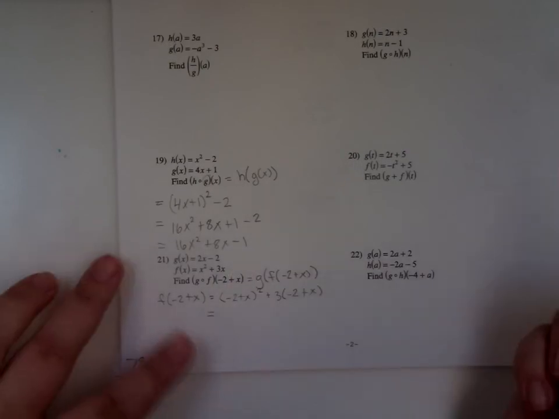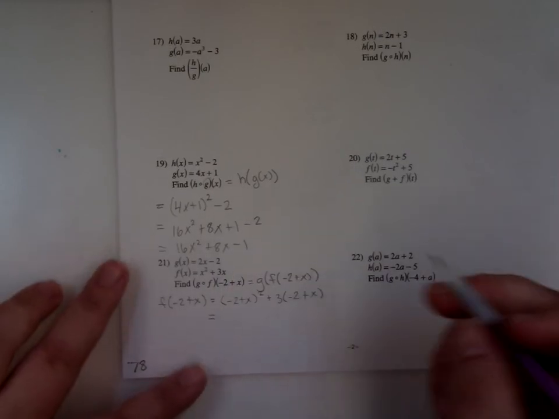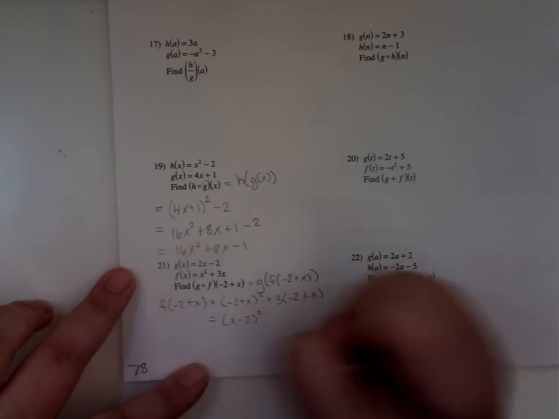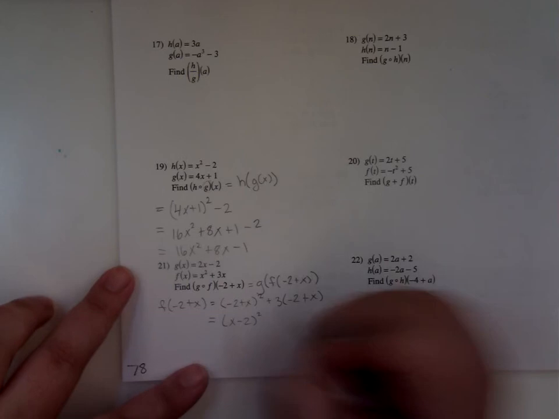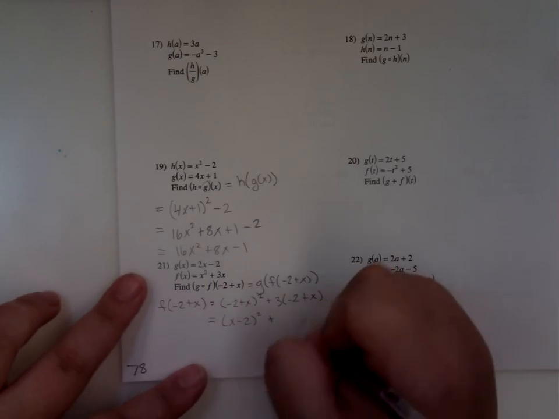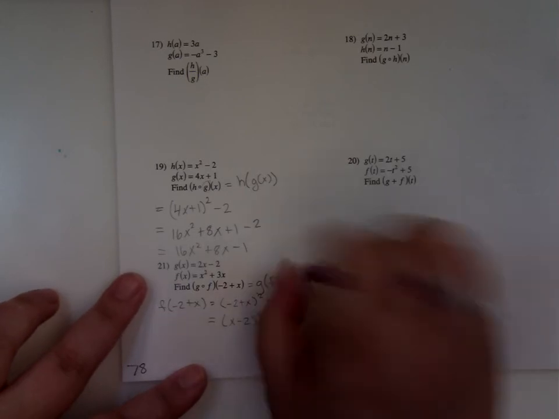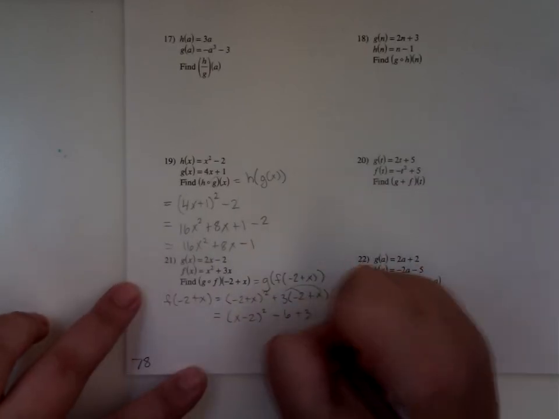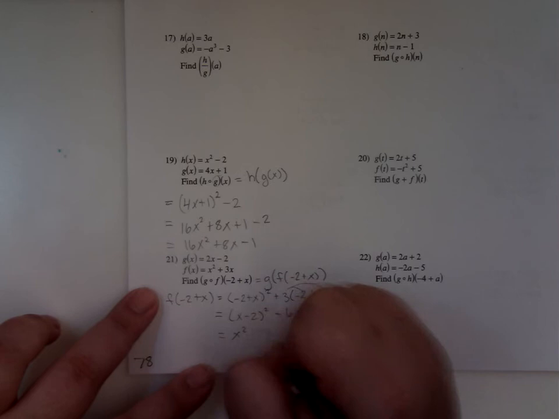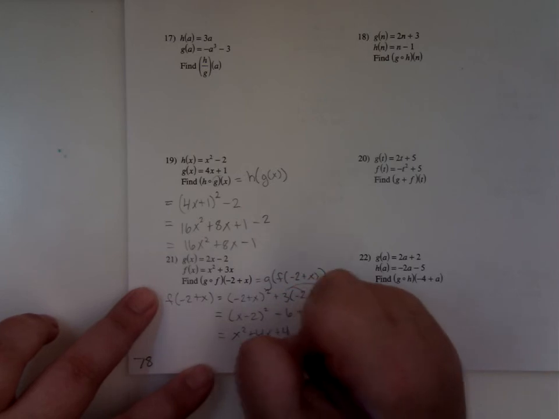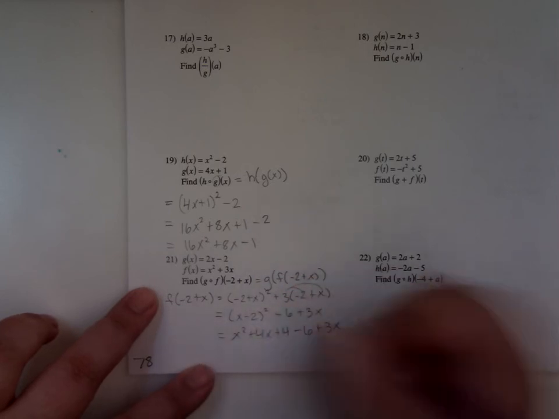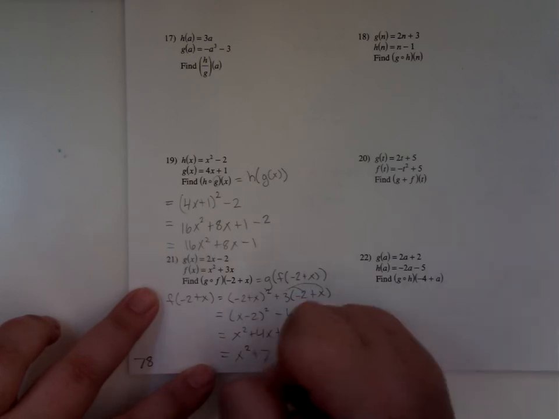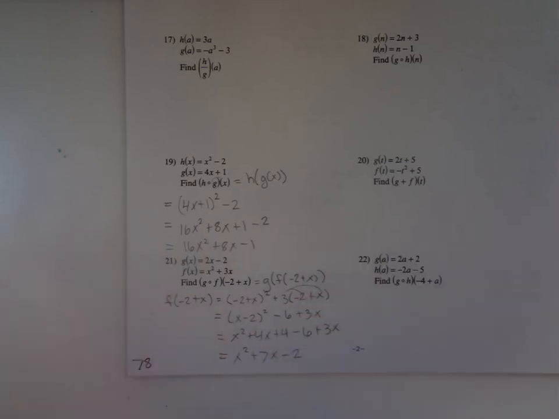Well, we can rewrite this as x minus 2 squared plus, I'm just going to distribute this now. So this is going to be minus 6 plus 3x. So x squared minus 4x plus 4 minus 6 plus 3x. And we've got x squared minus x minus 2. Okay, that's just the first part.